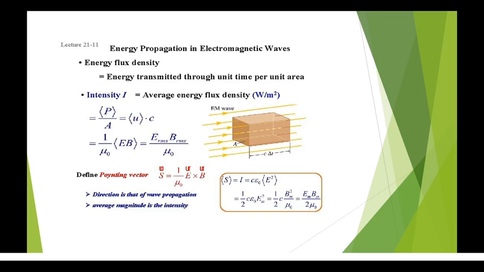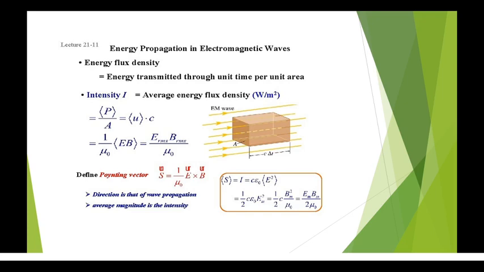What is the energy transferred by an electromagnetic wave in unit time per unit area is known as the Poynting vector, which is also known as the energy flux density, given by S is equal to 1 by μ0 E cross B, and we can find out the value of the Poynting vector by substituting the components E and B. Let's have a look at another term which is known as intensity.